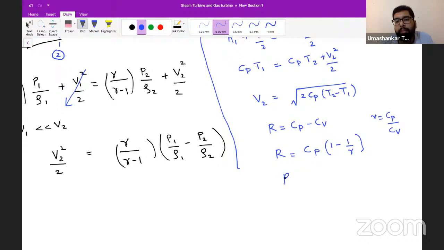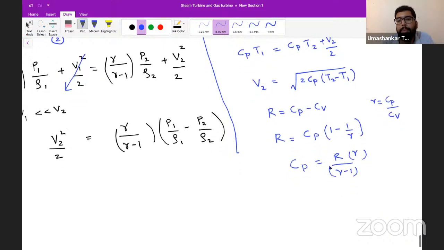So we can write Cp in this way: Cp is equal to R upon (gamma minus 1) by gamma.